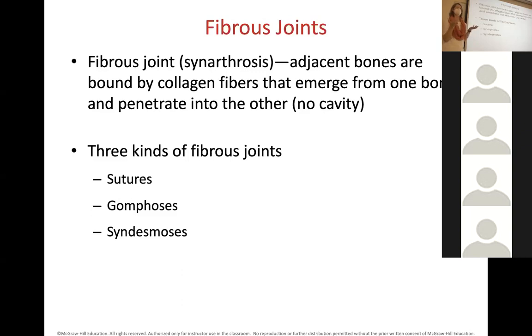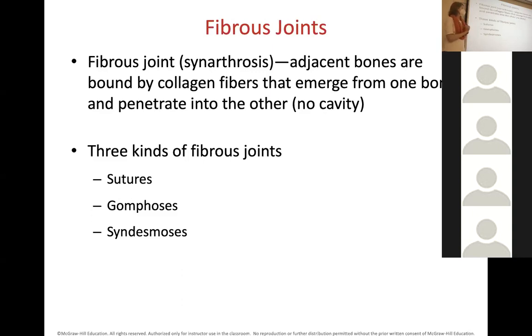And you're probably like, what's a joint cavity? So a joint cavity essentially defines a synovial joint. So these first 2, it's just bones being bound together by some kind of either fiber or cartilage. When we get into the synovial joints, there's a little bit of space in between, and that's the joint cavity. But there's no cavity when we're talking about fibrous or cartilaginous joints.